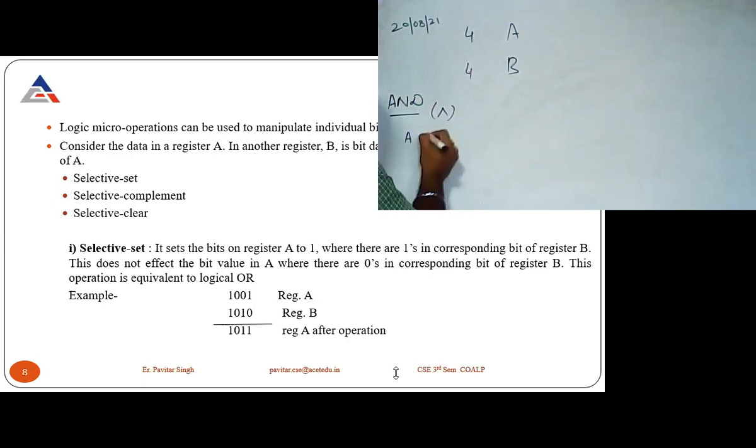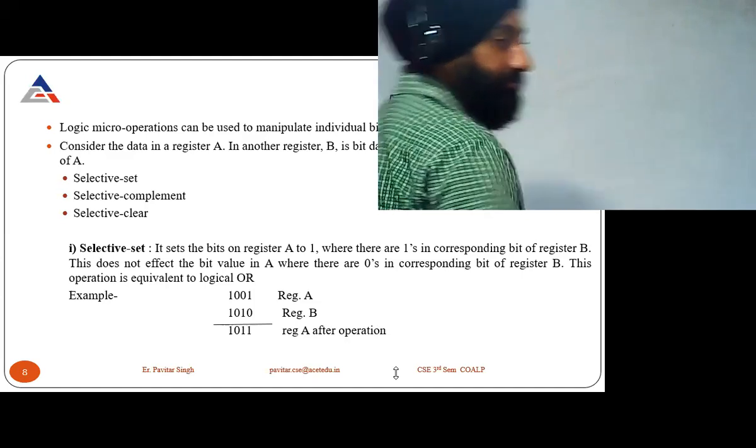What will be the truth table for AND? For 0 0 it is 0. For 0 1 it is 0. For 1 0 again it is 0, and for 1 1 it will be 1. So this is the truth table for AND, and you have to apply these operations upon your individual bits.